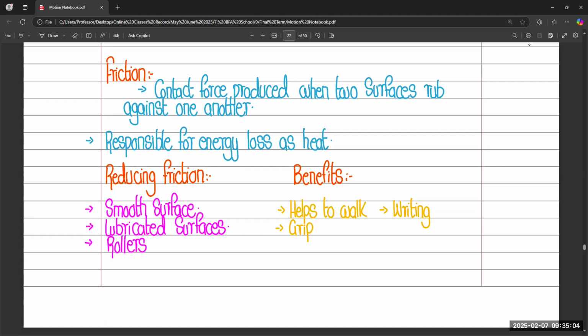And before the topic of friction, we discussed Newton's first, second, and third laws, and also discussed some questions from the paper. And further, we will discuss past paper questions related to these topics.